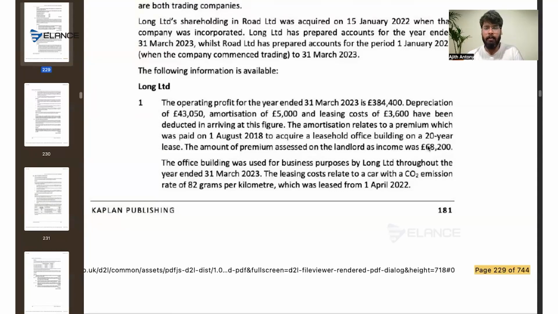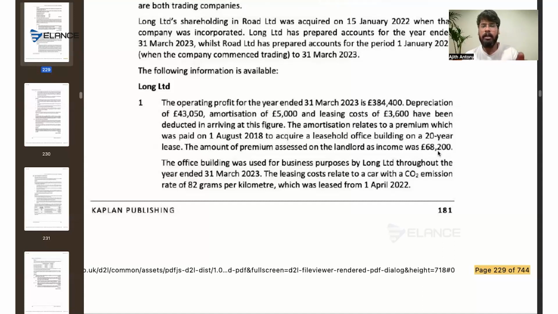It is the assessed premium, and the 68,200 will be the property income of that landlord. At the same time, in our company, Long Limited, this was taken for trading purposes. The lease period is 20 years, so for the 20-year lease, they paid 68,200.